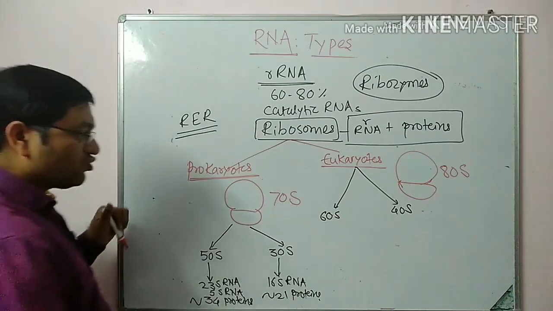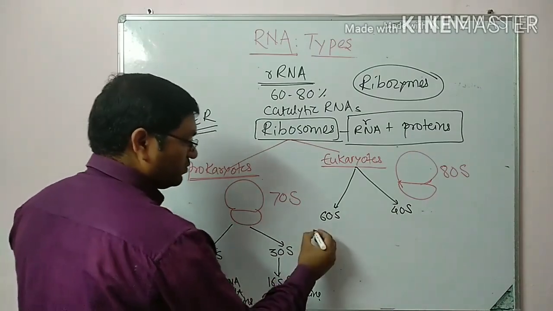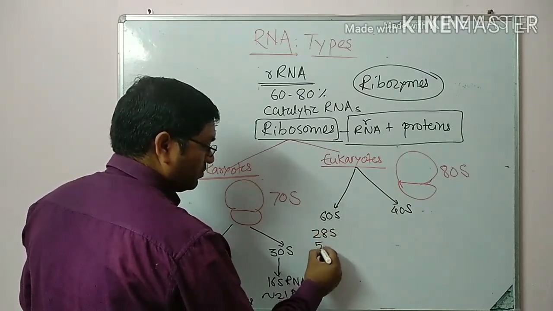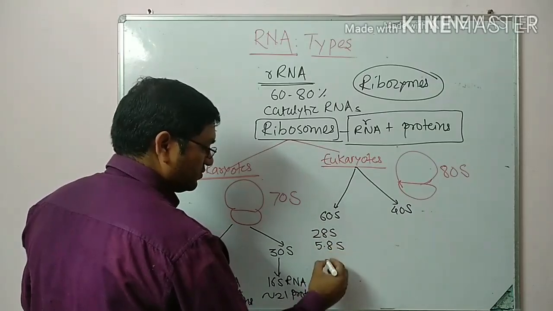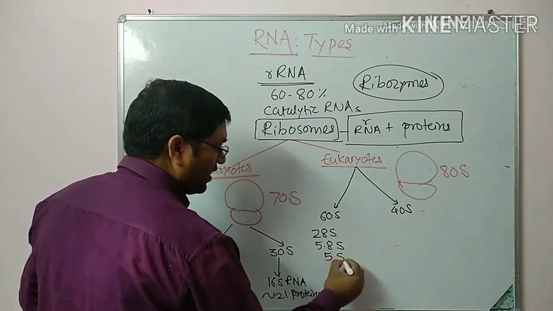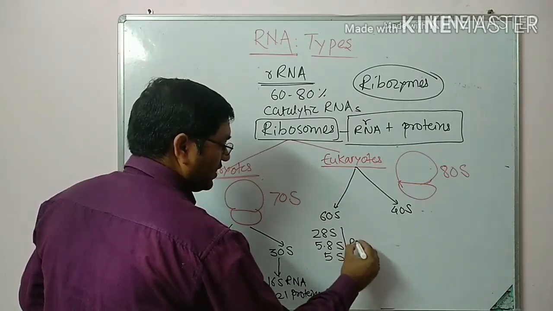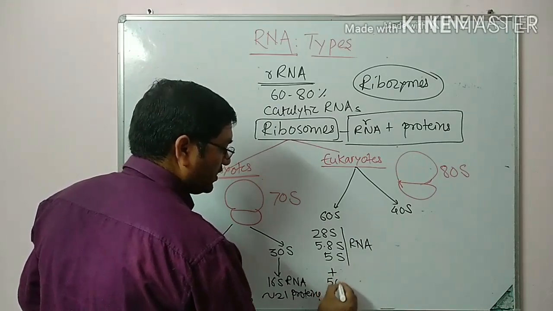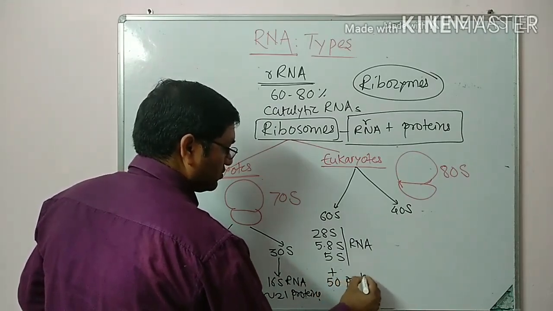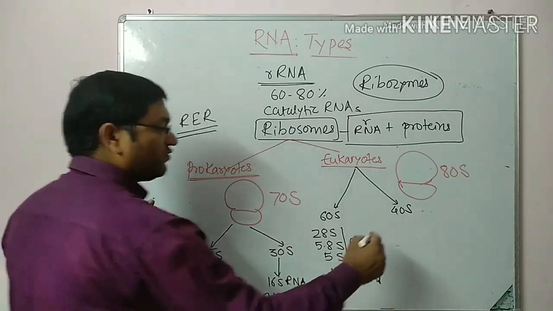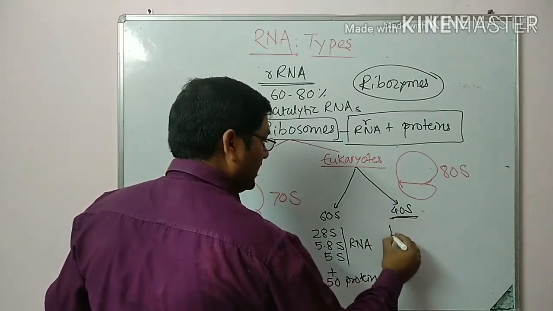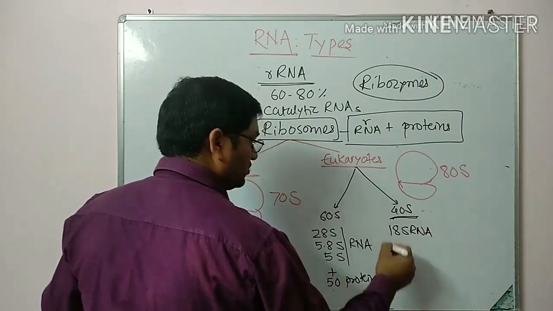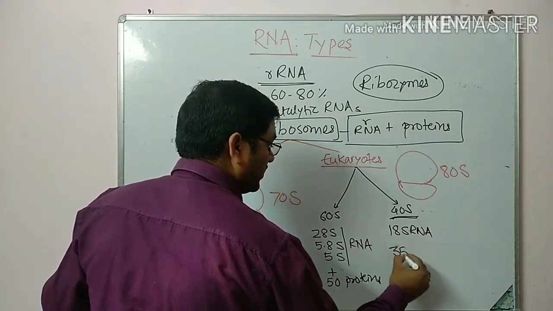This 60S ribosomal unit is made up of 28S, 5.8S and 5S RNAs plus near about 50 proteins. And this 40S subunit is made up of 18S RNA and near about 35 proteins.